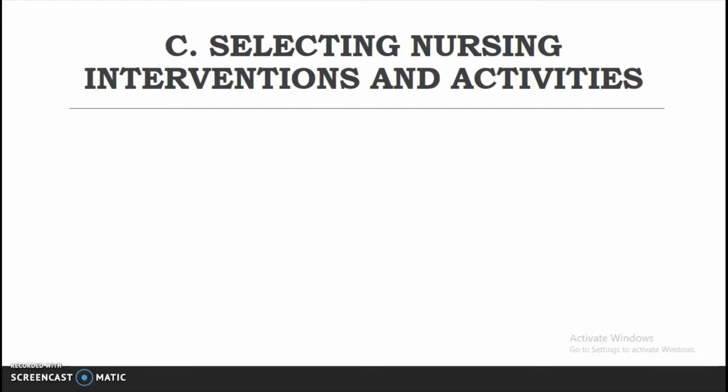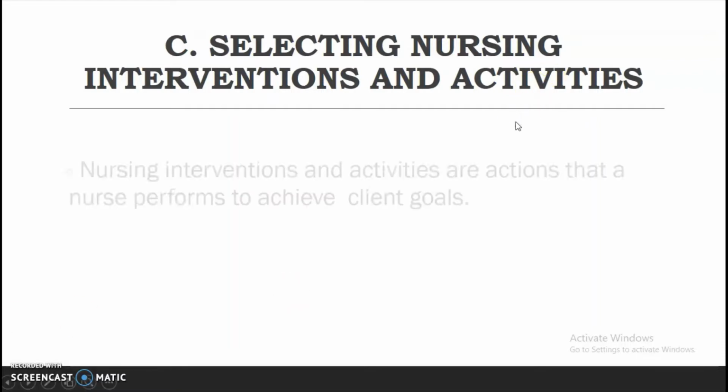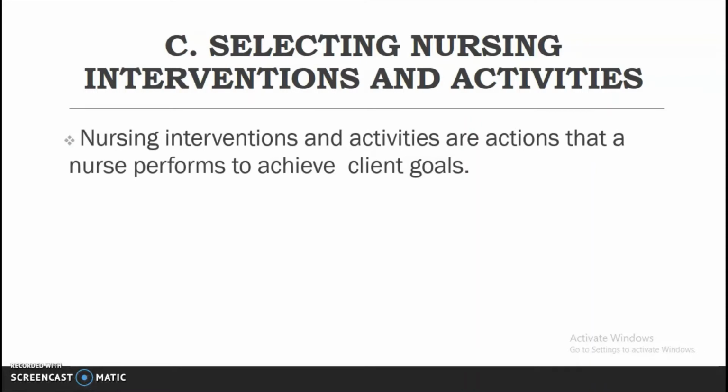So in selecting nursing interventions and activities, we have to consider that nursing interventions and activities are actions that the nurse performs to achieve the client's goal. Kaya nga po ito naka-base doon sa second process, or the second activity under your planning process, which is the creation of your goals and desired outcomes.